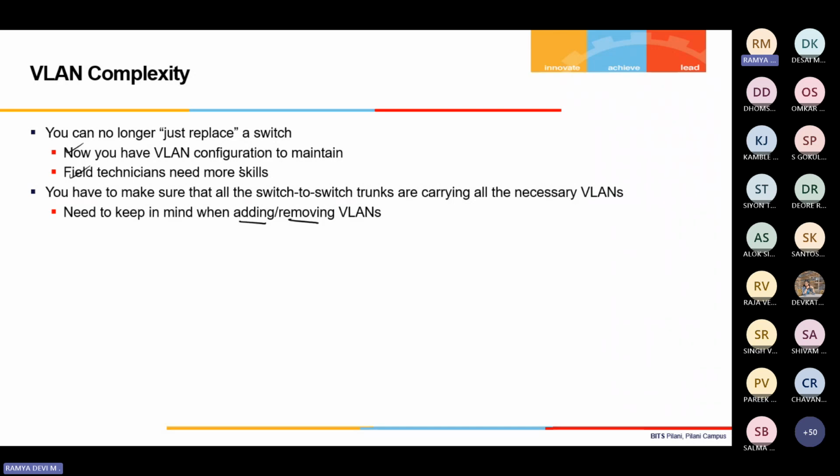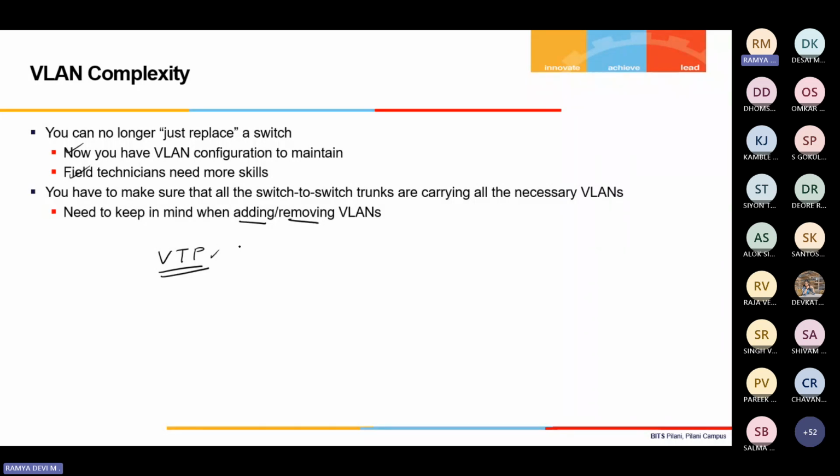The problem is there. In order to avoid all these issues, you can go for VTP. VTP is nothing but VLAN Trunking Protocol. It will manage the VLANs across multiple switches and maintain the documentation for VLAN IDs. Whatever the usage, the trunk port configuration, everything will be maintained by VTP.